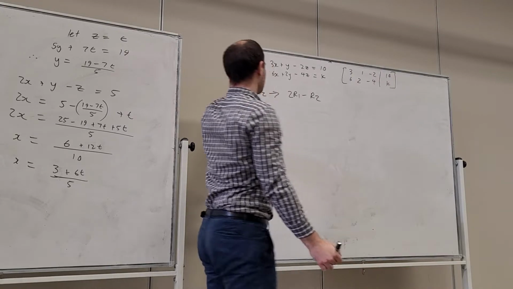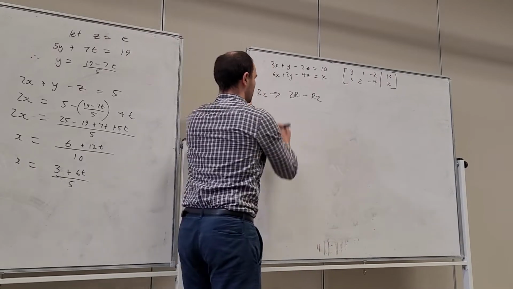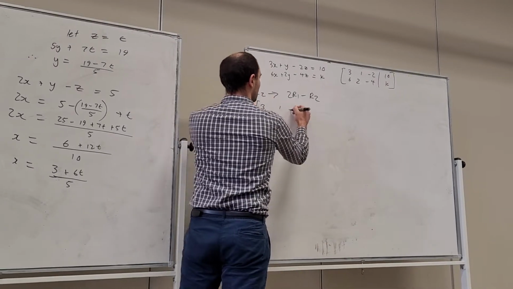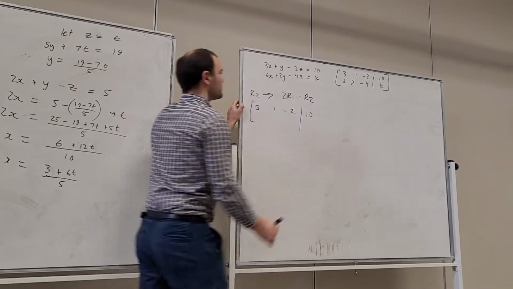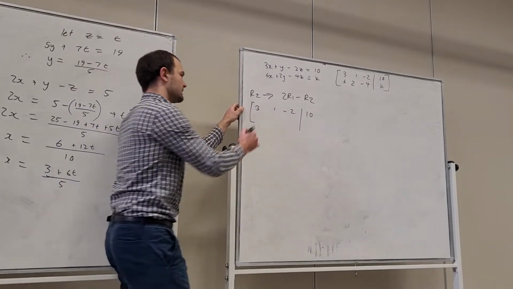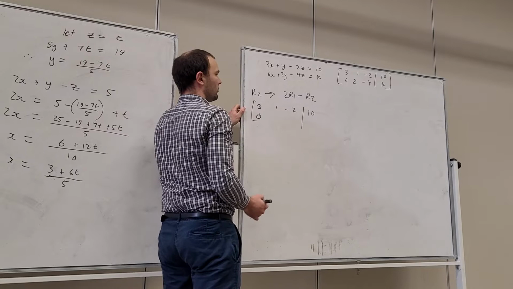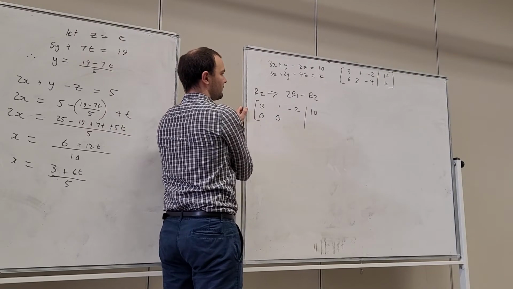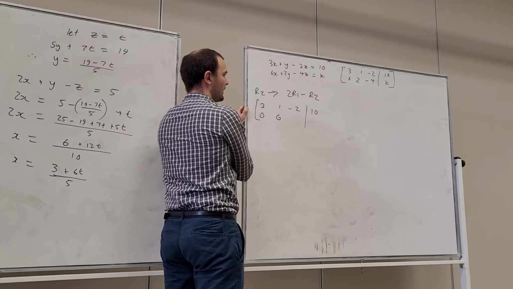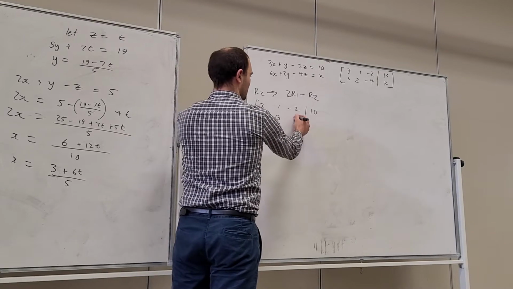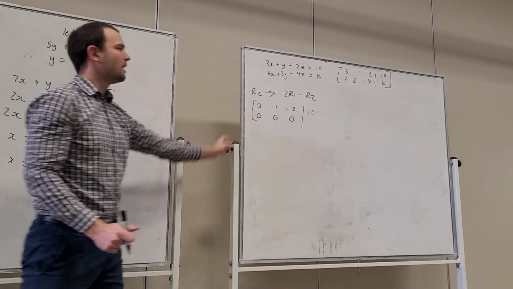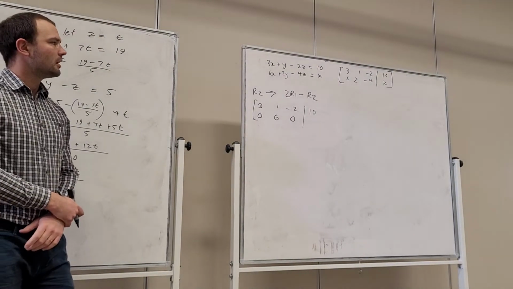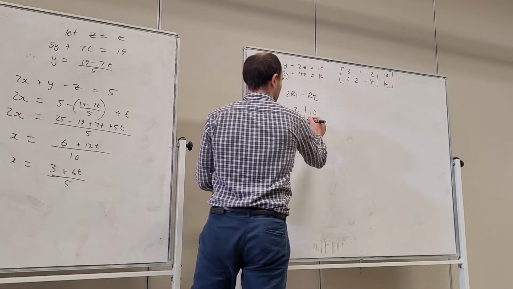So let's replace row 2 with 2 lots of row 1, take row 2. So 2 times 3 is 6, take 6 is 0. And we'll have 2 take 2 is 0. And we'll have minus 4 take away minus 4 is also 0. And then we'll have 20 take k.